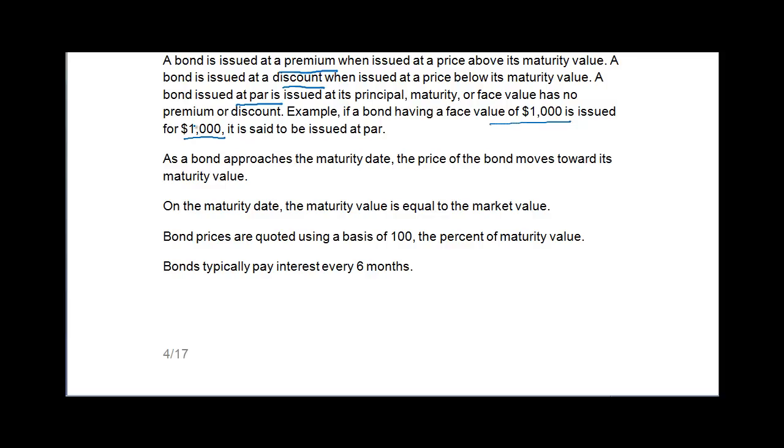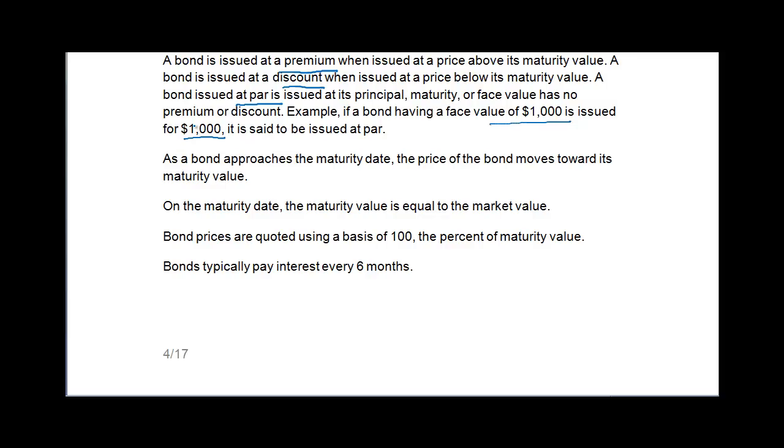Okay, so over time, as the bond approaches or gets close to its maturity date, the price of the bond is going to be closer and closer to its actual maturity value, because the only difference between the maturity value and the price of the bond is reflected in the difference between the interest rates, the stated rate versus the market rate of interest, and that is compounded by the number of interest payments that are made over time, right?